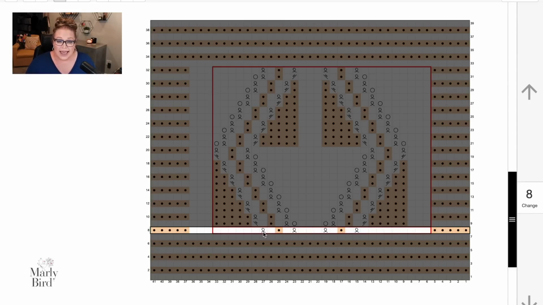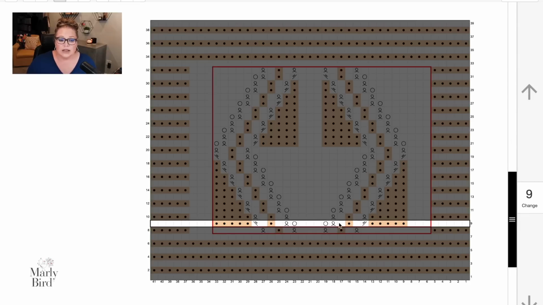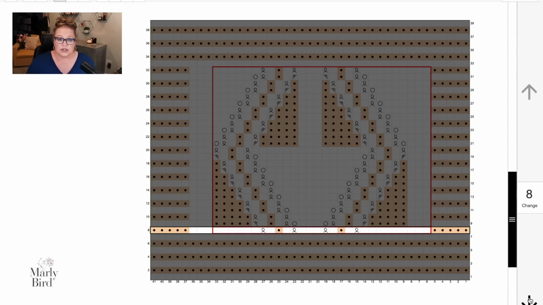Now, again, we're on the wrong side, so that's going to be a purl through the back leg. If we were on the right side, like we would be on row 9, you'll see that same stitch symbol, but it will be a knit through the back leg. All right. So same symbol, but it has a different meaning whether you're on the right side or wrong side. So it's very important to understand right side and wrong side.